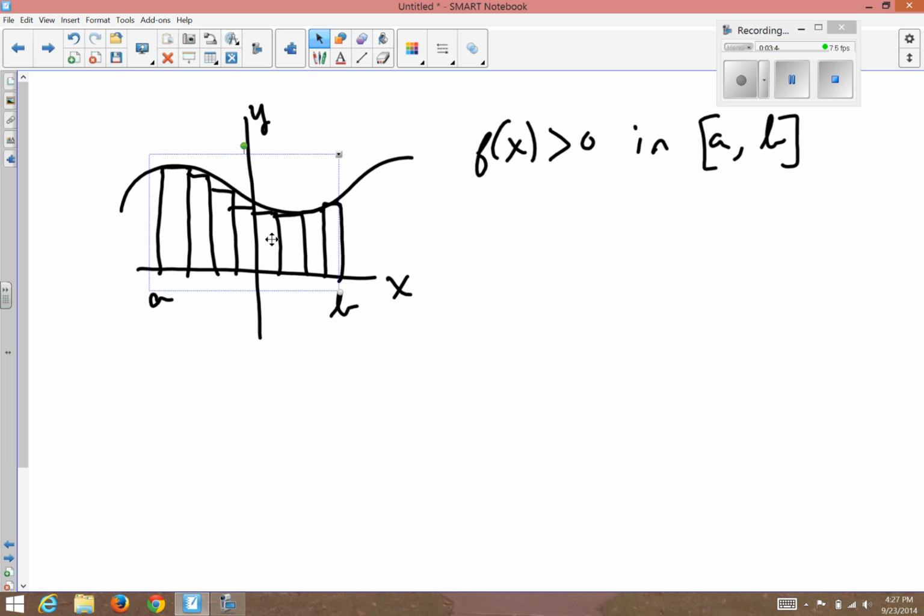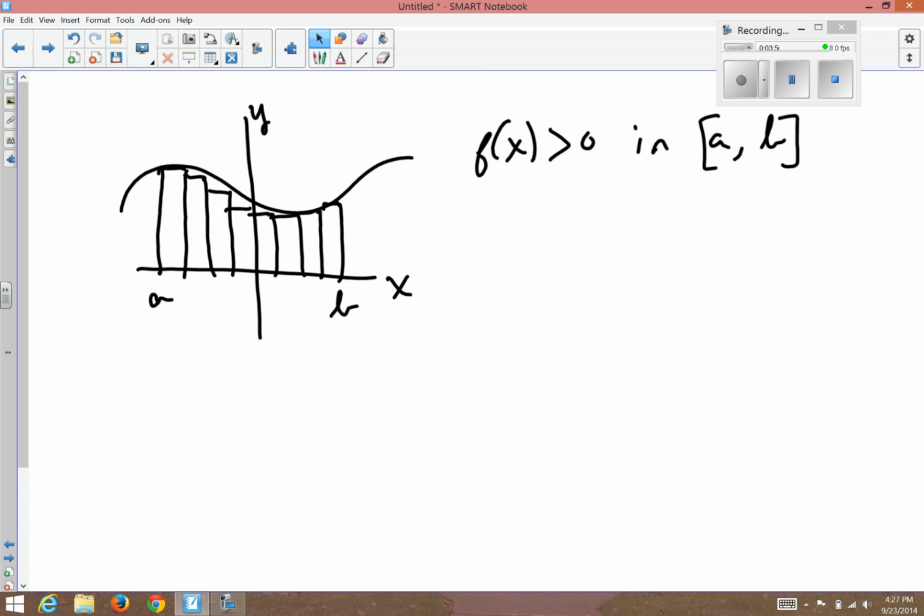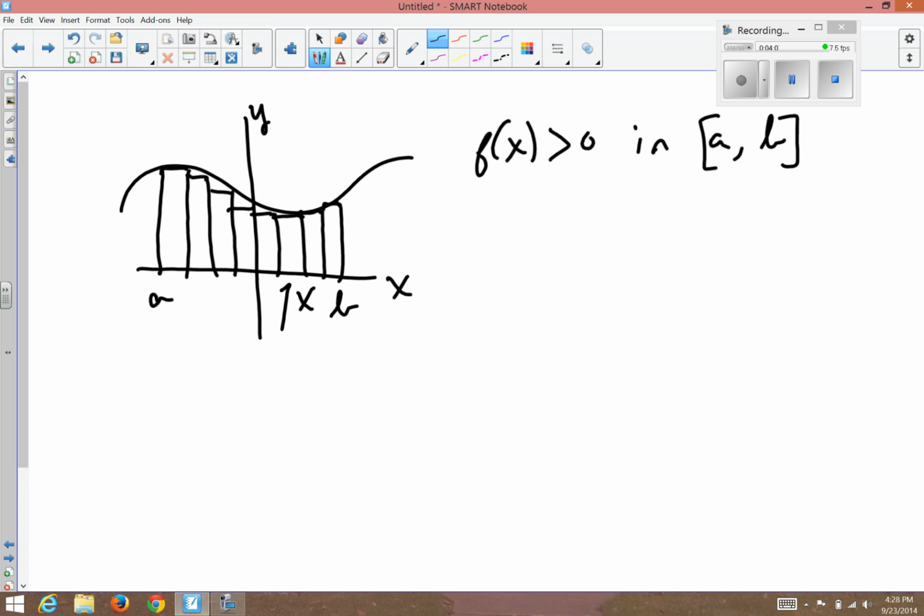So any one of these rectangles, pick this one right here. Let's say the x coordinate here is x. The height of this rectangle, because this point is on the curve y equals f of x, is f of x.